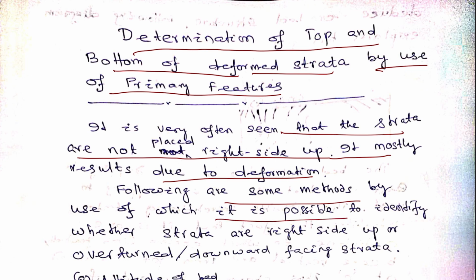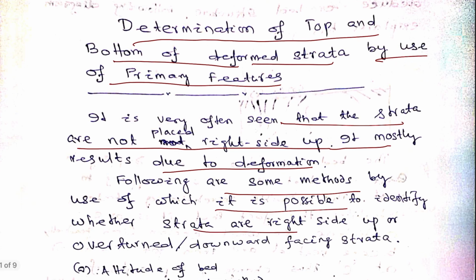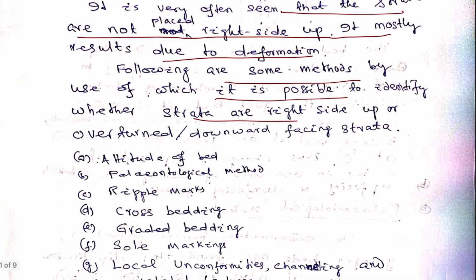To establish it, we take into account several features on the basis of which we can prove that the strata are in right side up condition or are overturned. That is, whether they are facing upwards or facing downwards.